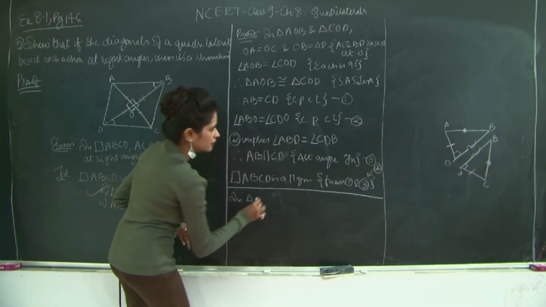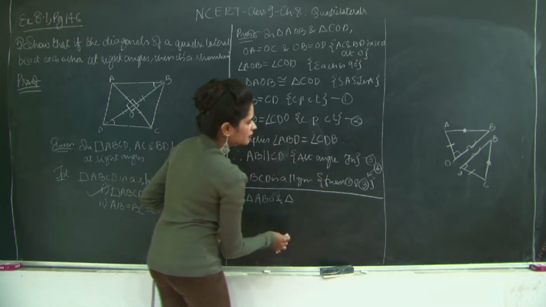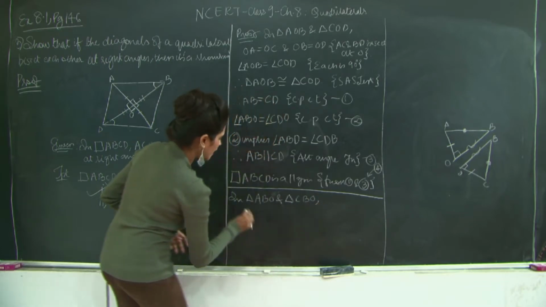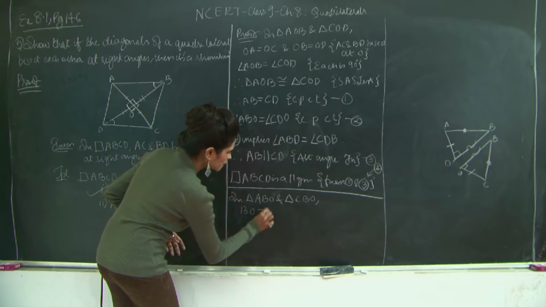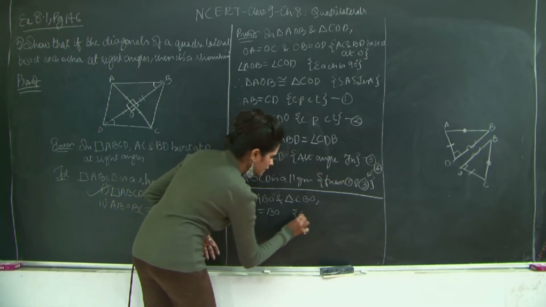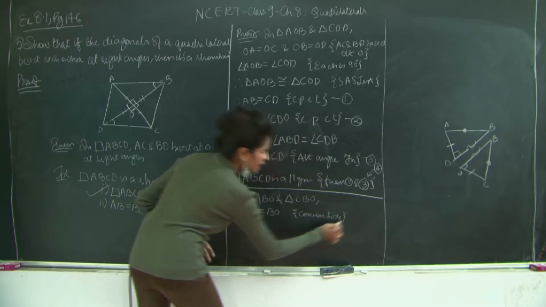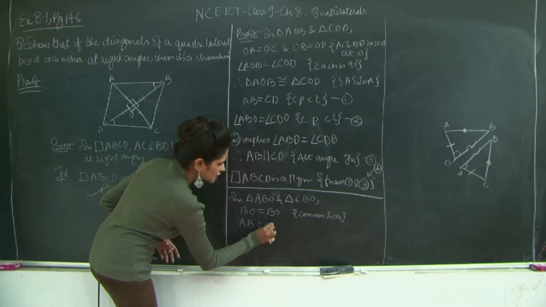In triangle ABO and triangle CBO, I have BO is equal to BO, common side. Then I have AB is equal to CB.